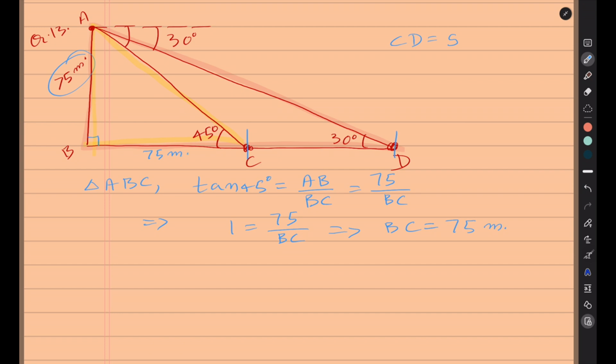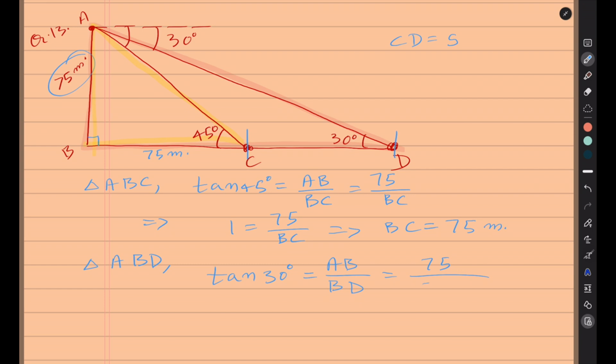Now let us consider the bigger triangle, that is triangle ABD. Here also we can try to apply the trigonometrical ratio of tan 30 degree. Here also it will be equal to AB divided by BD, isn't it? And AB is again 75 meter, the height of the lighthouse, divided by BD.